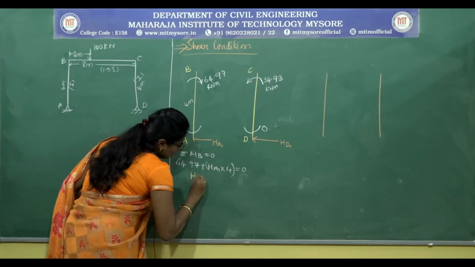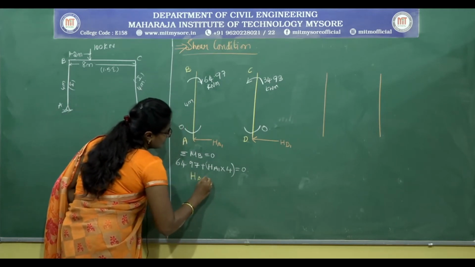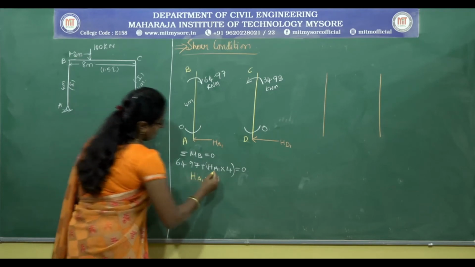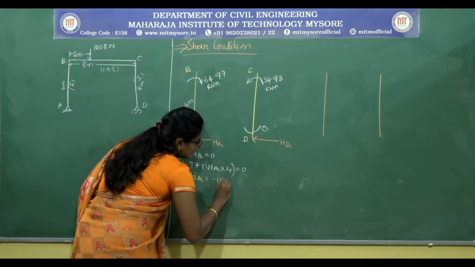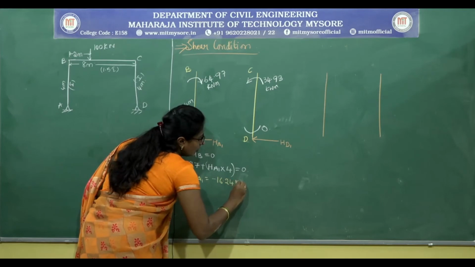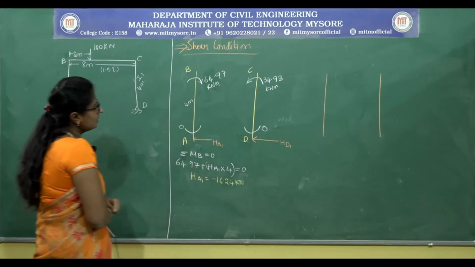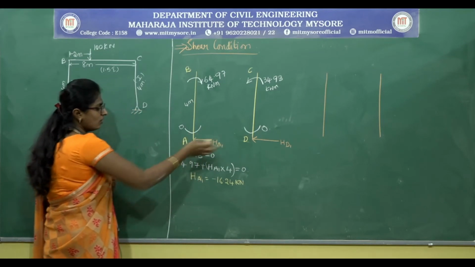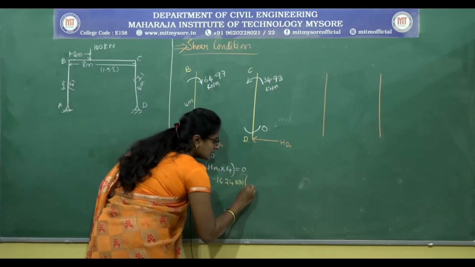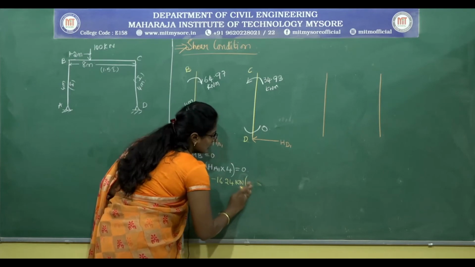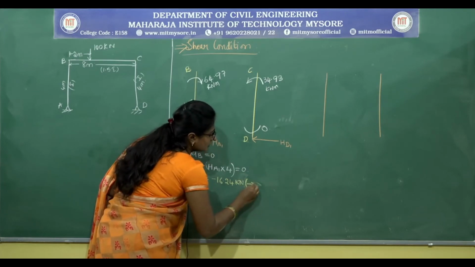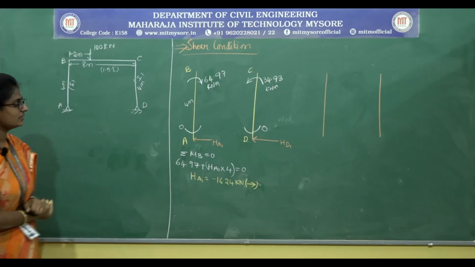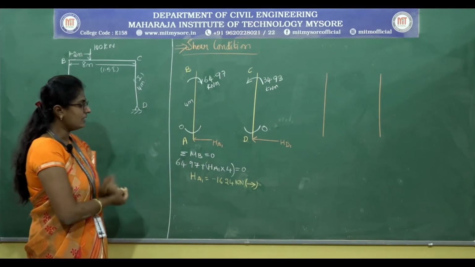For this, the reaction at A, that is HA1, is given by minus 16.64 kilonewton. That means the direction of this reaction HA1 which was assumed is wrong. That means the reaction is acting in the opposite direction. Okay. This is for this span AB.